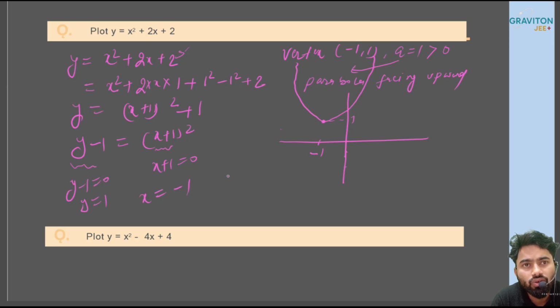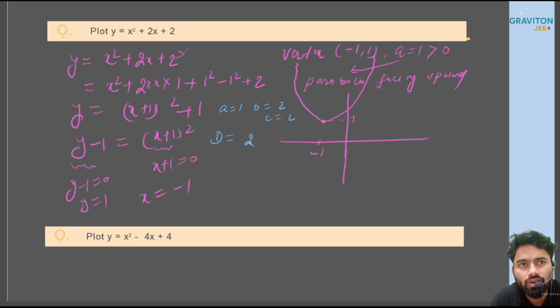You can also calculate it by taking b square minus 4ac. Like if you calculate b square minus 4ac, so calculate d equal to b square minus 4ac. So what is b here? a is equal to 1, b is equal to 2, c is equal to 2.